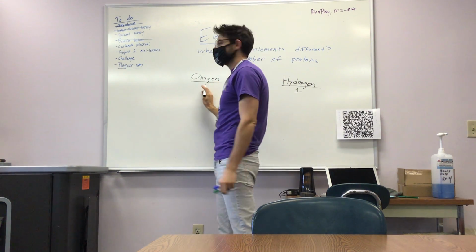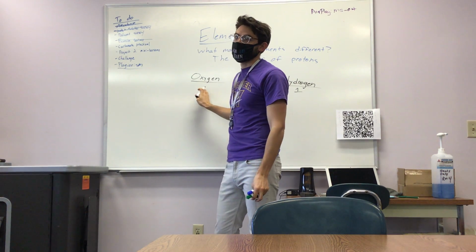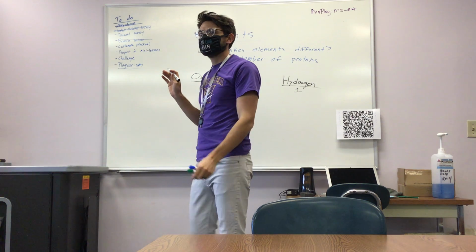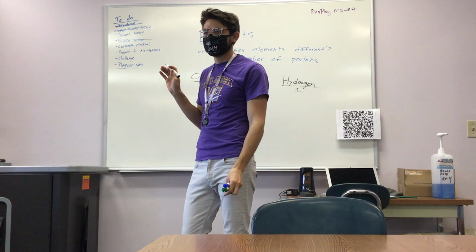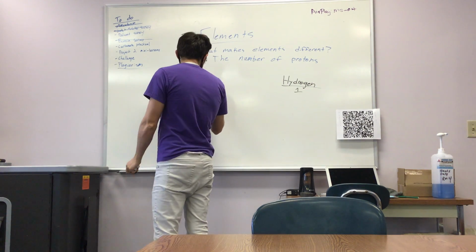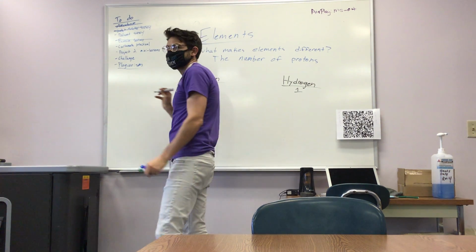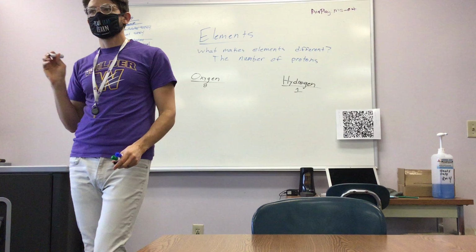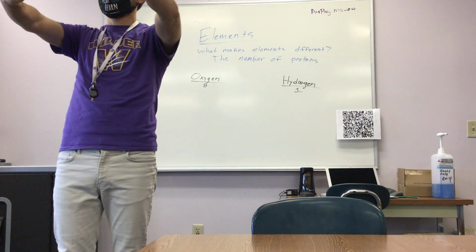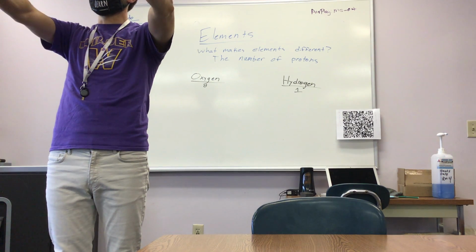Now the chemical symbol for oxygen is O. Let's see what the atomic number is for O. 8, okay? So oxygen has 8 what?